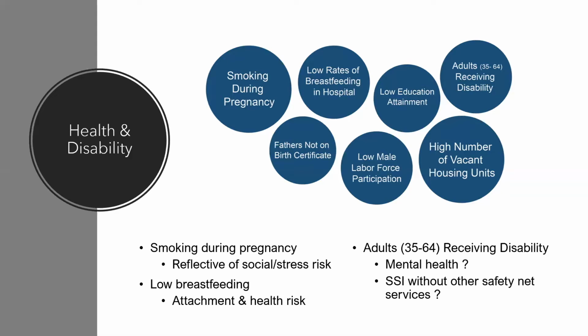So as you are looking into how to utilize these data within your communities, delving deeper into who's receiving SSI in your communities and what they need may reflect a little bit more about what is needed in your community generally.